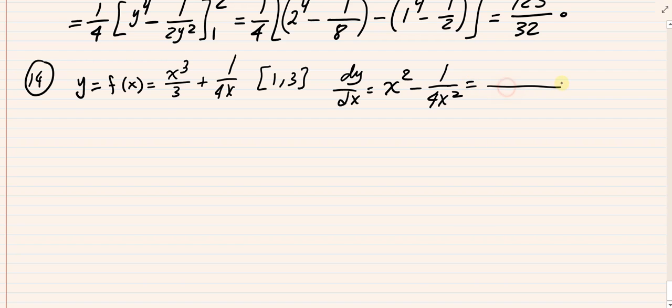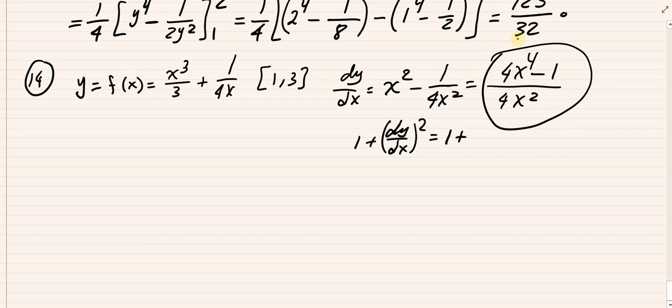And then get the LCD, combine those two fractions. The LCD is 4x squared, so multiply that by x squared. We get (4x^4 minus 1). And then 1 plus (dy/dx) squared, which is the radicand of our integrand, is going to be 1 plus the square of the fraction.